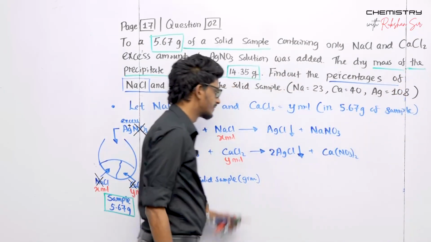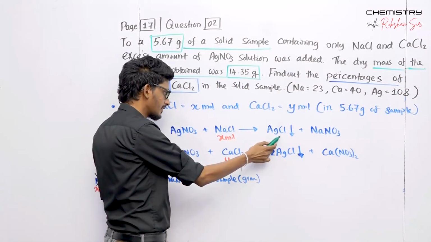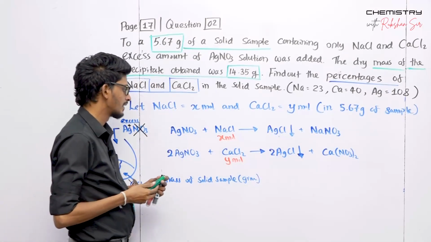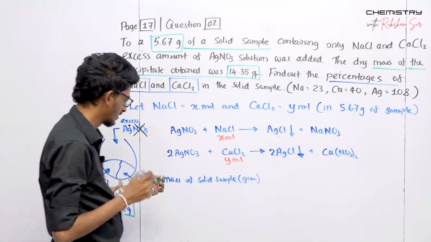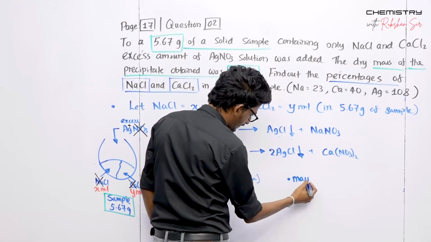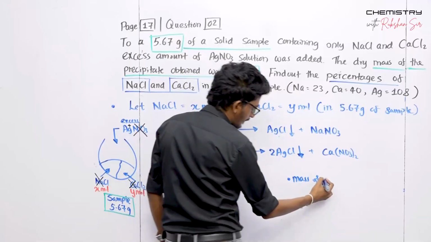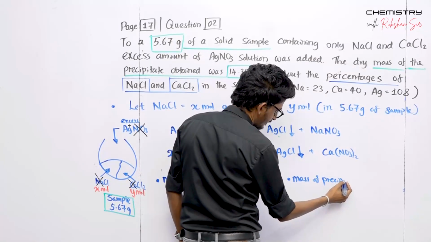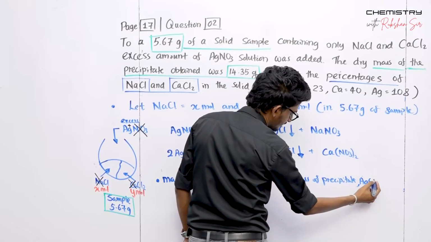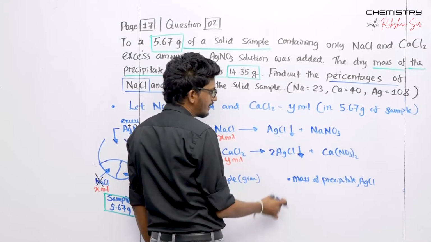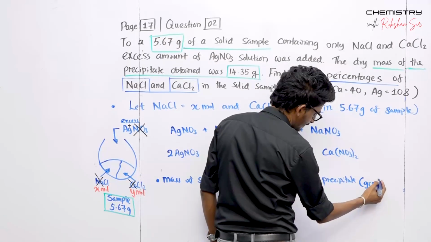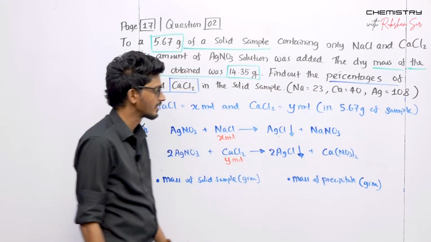What is the precipitate? That is here. This is the second data point, the mass of precipitate. Here it is only the AgCl. The data point is given in terms of grams.